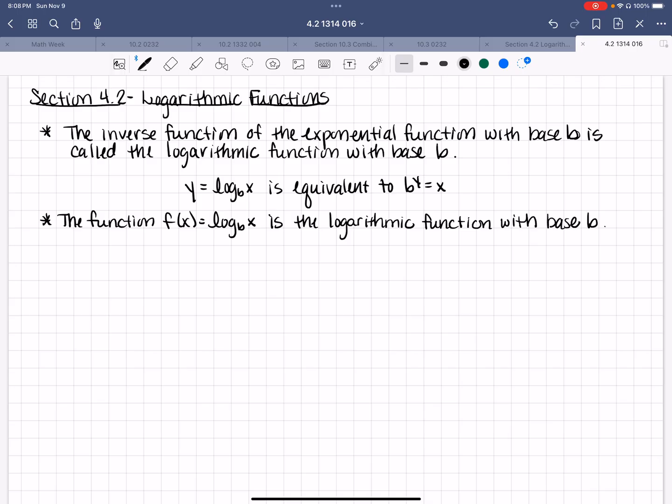Okay, so we have y equals log base b of x is the logarithmic form. Note that y here winds up being the exponent, and then we have our b, of course, which is the base.